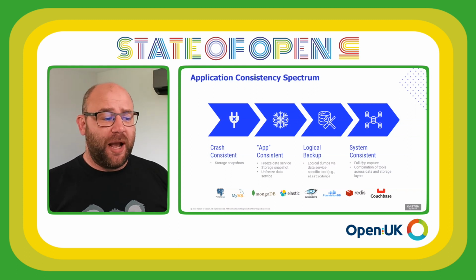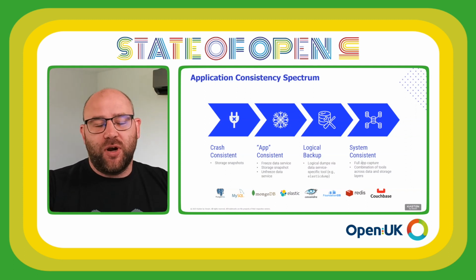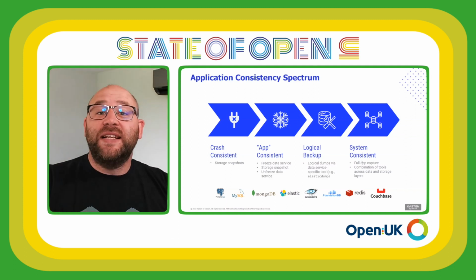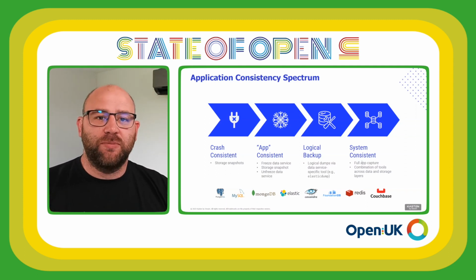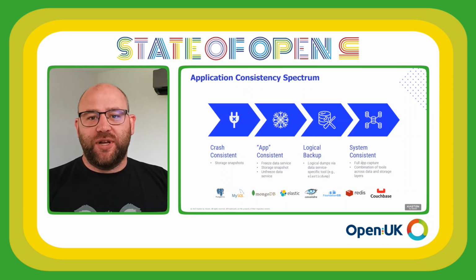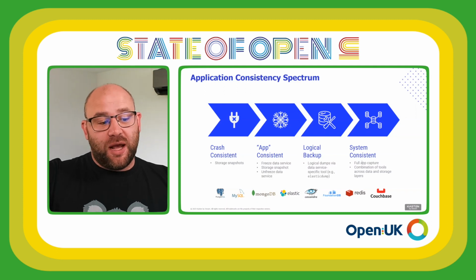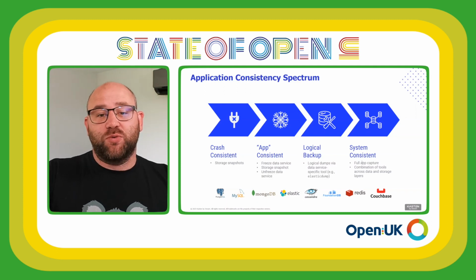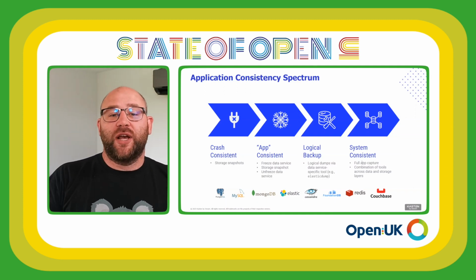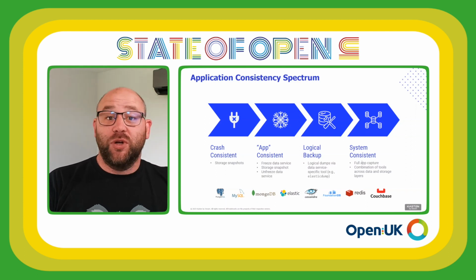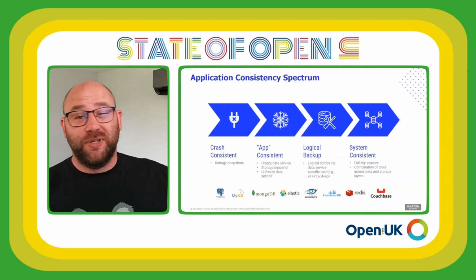So if we think about logical backup, a lot of our database services, MongoDB, Postgres, MySQL, they all have a native tool that will allow them to dump out, maybe to a tar file or some sort of compressed file, a copy of all the databases that they have. So as we get more towards that, maybe that's what we want as a copy of our data. So a logical backup, meaning I want to trigger that logical backup to take place, which is also going to do that same app consistency, but it's not going to leverage the storage snapshot, potentially.